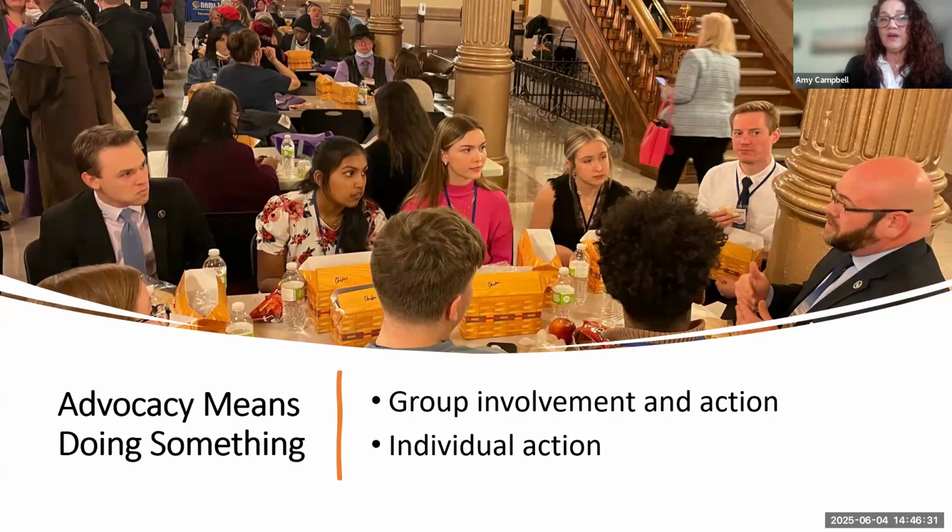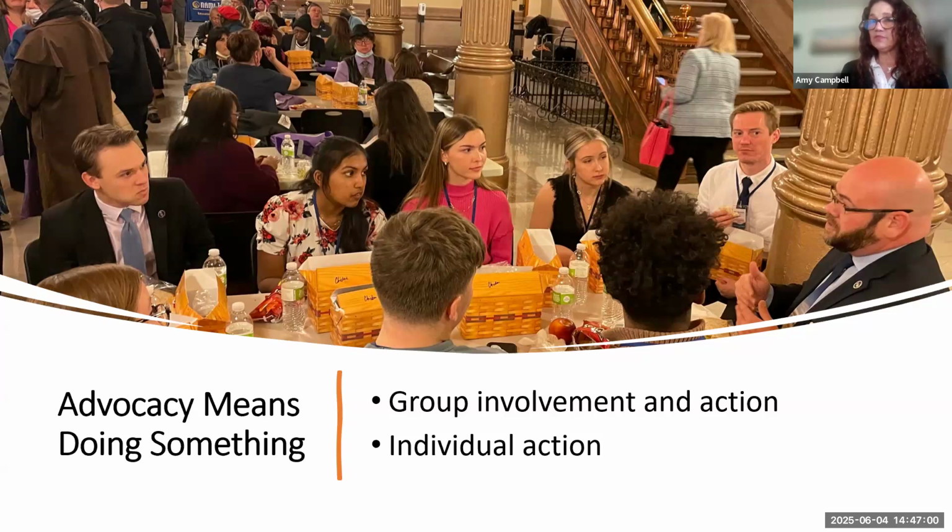So if we are advocates for issues, then we are going to be doing something. There is an action that must take place. That could be that I, as an individual, am going out to try to promote a particular idea or a piece of legislation or a change that I think is very important. Or it can be a group activity.